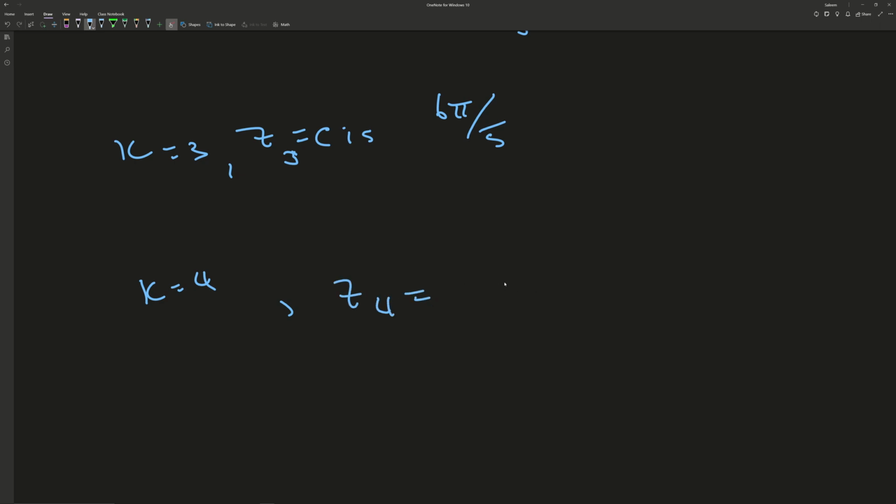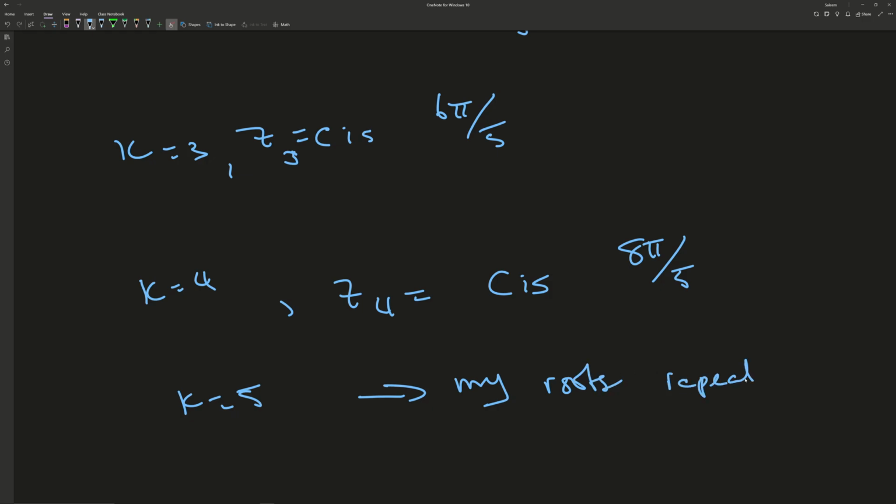Then 8 pi upon 5. Okay. And if I were to find k equal to 5 here, this is where my roots repeat.